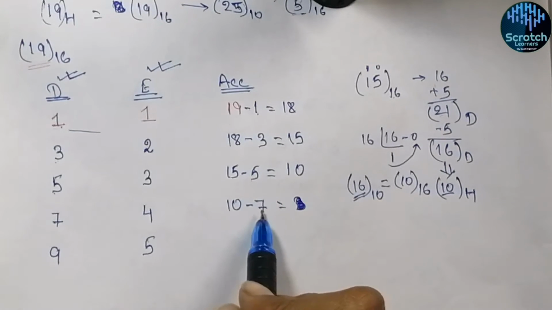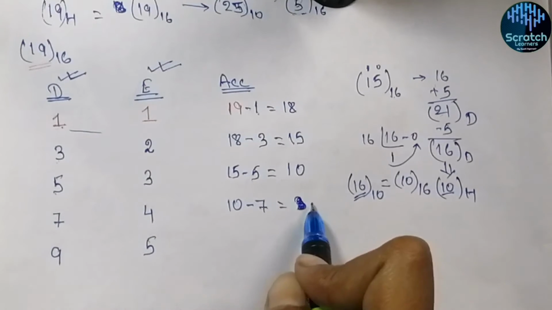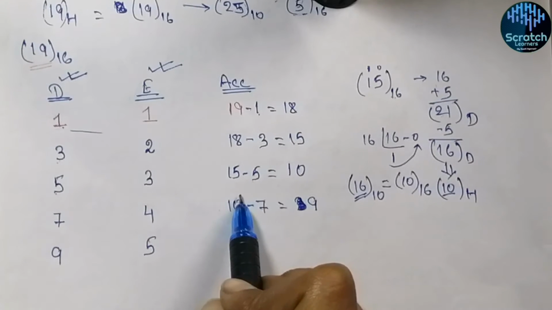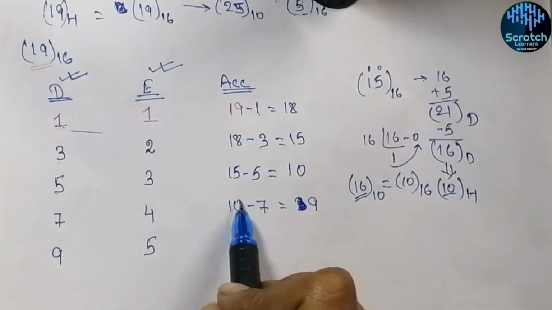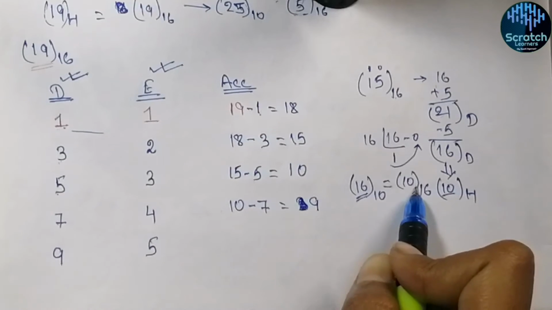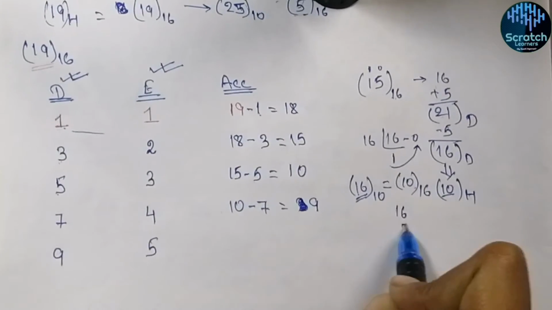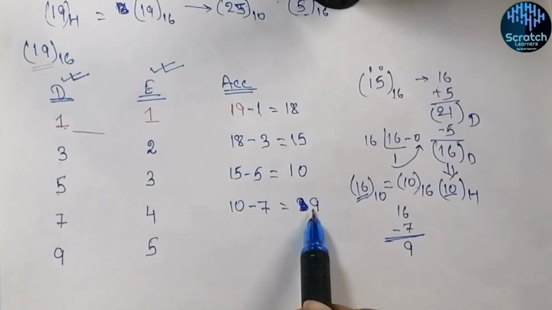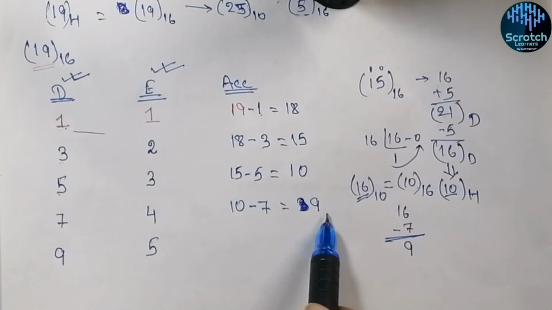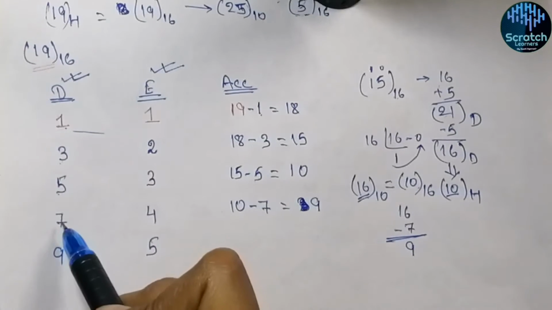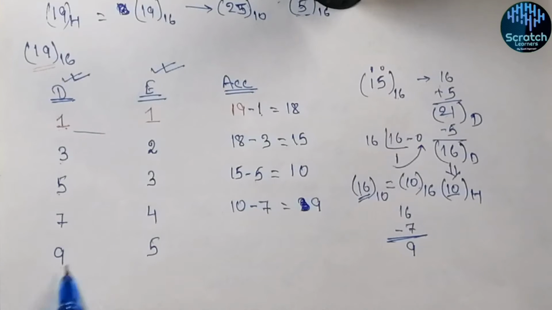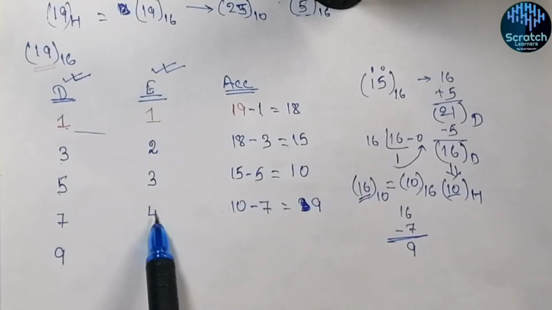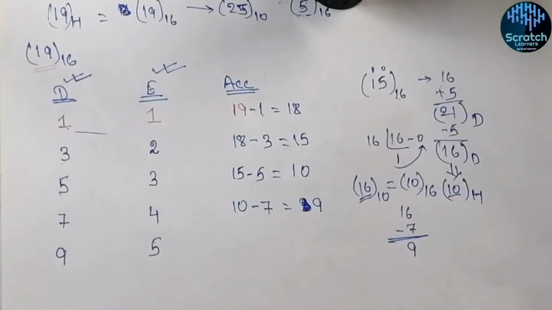So this 10 when subtracted by 7 will not give 3 as the result, but it will give 9, because this 10 is in hexadecimal, and hexadecimal 10 is equal to 16. So 16 minus 7 we are actually performing, and this will give the result 9. Then we have incremented the content of D by 2, so it will be 9, and we have incremented the content of E from 4 to 5.